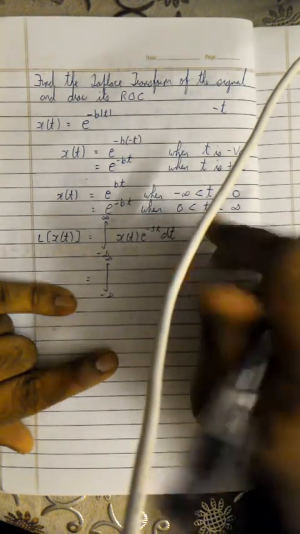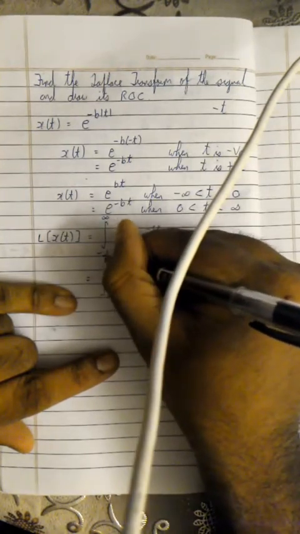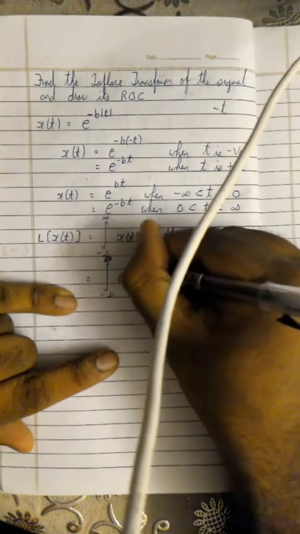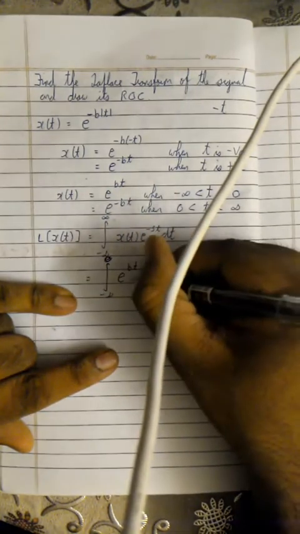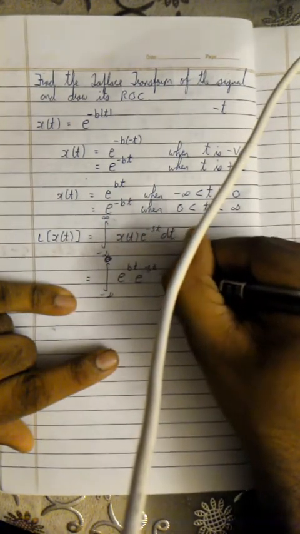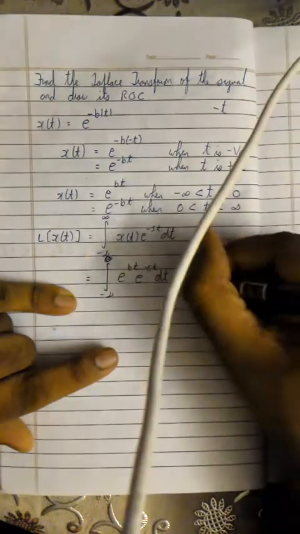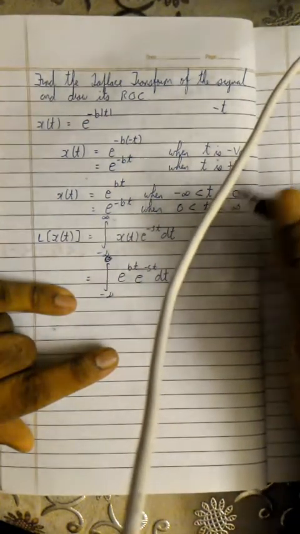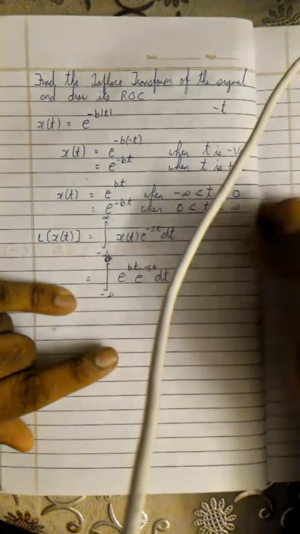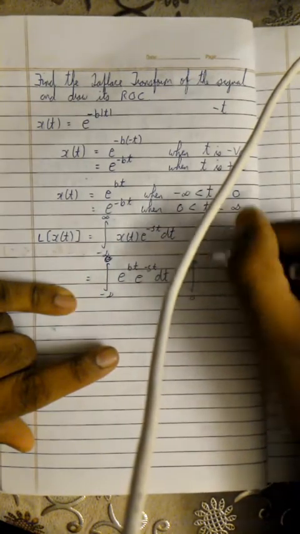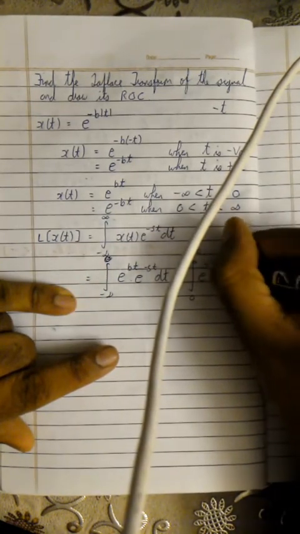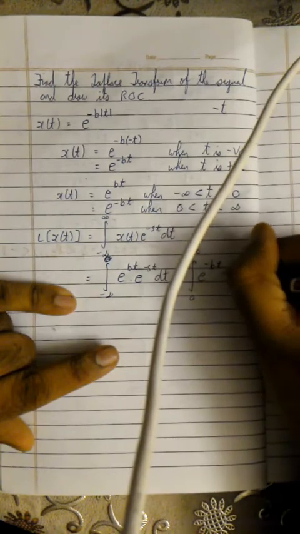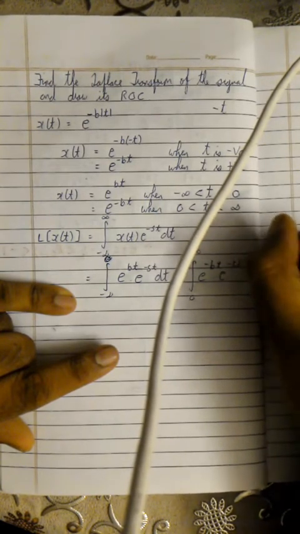From minus infinity to 0, the value of x of t is e raised to bt into e raised to minus st dt, plus, from 0 to infinity, the value of x of t is e raised to minus bt, so it becomes e raised to minus bt into e raised to minus st dt.